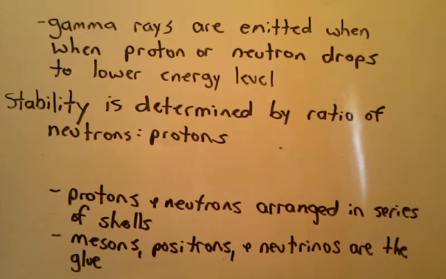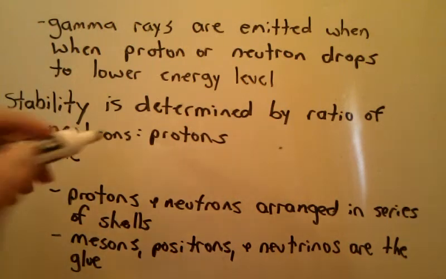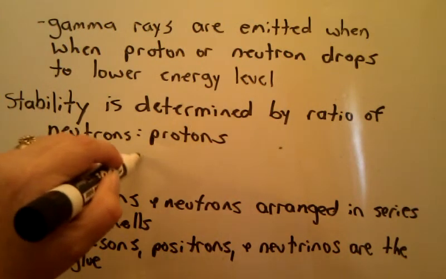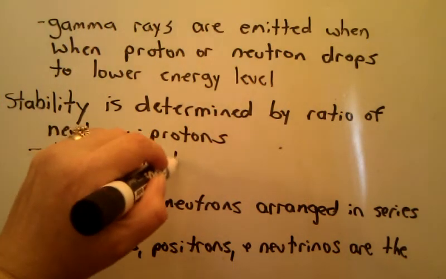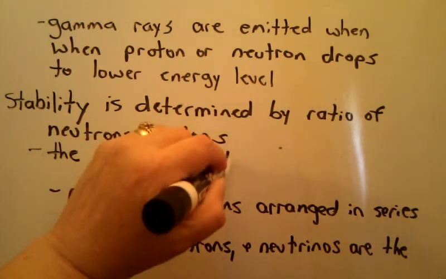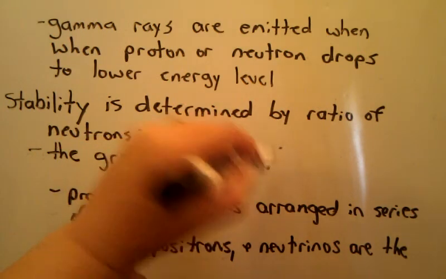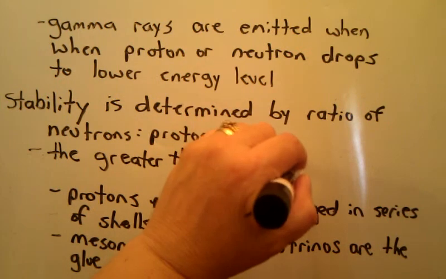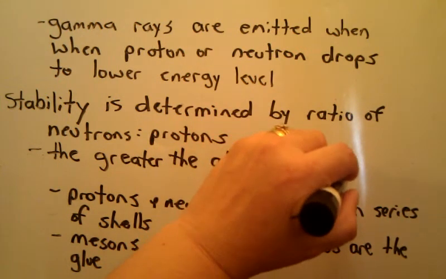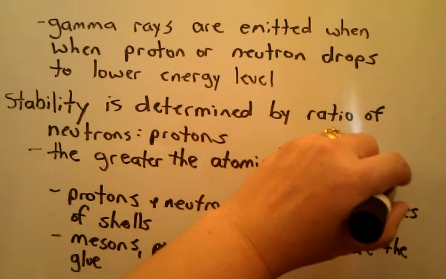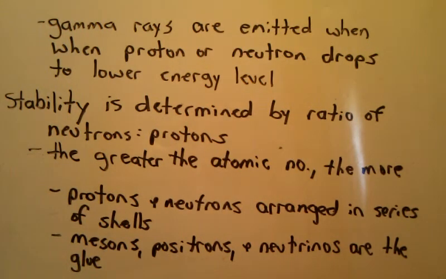Okay. So basically, the greater the atomic number, remember the atomic number is the protons, the greater the number of protons, the more neutrons it needs to keep it stable.